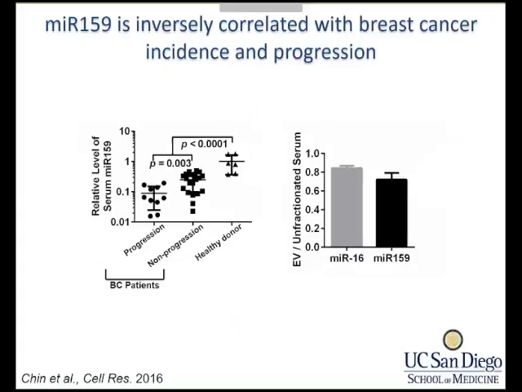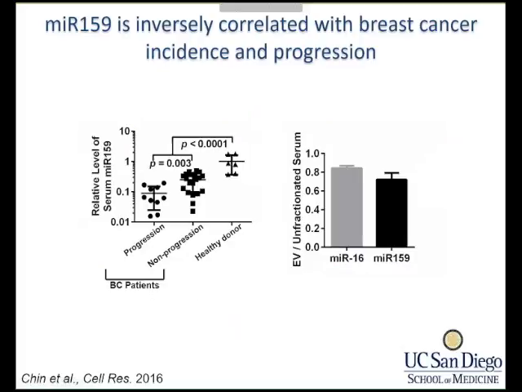So what we did first is to confirm, as I mentioned earlier, that these plant microRNAs can be detected in our breast cancer patient serum samples. In addition to the sequencing result, we performed TaqMan PCR, which shows that compared to serum from healthy donors, breast cancer patients overall have lower levels of miR-159.